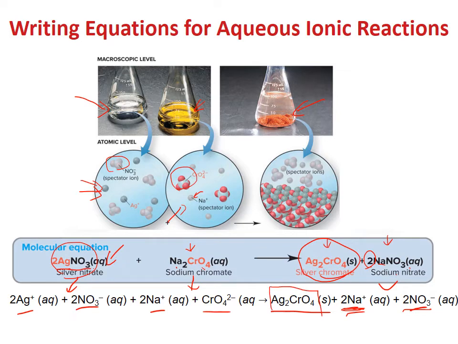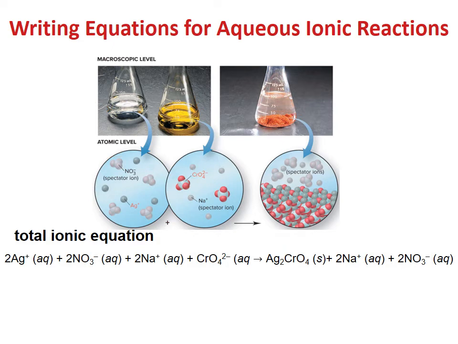This kind of equation is called the total ionic equation. In the total ionic equation, it shows all the soluble ionic substances as they actually exist in solution, where they are dissociated into ions. So it's a more accurate way to represent the reaction.